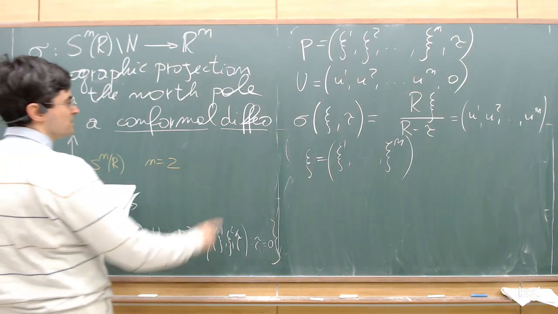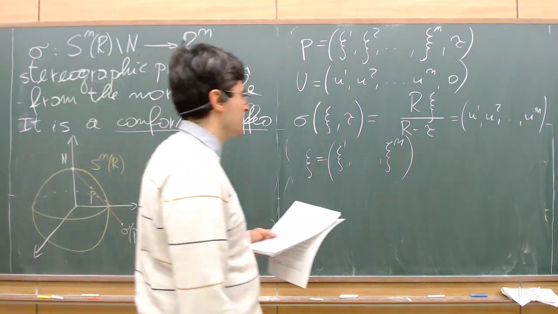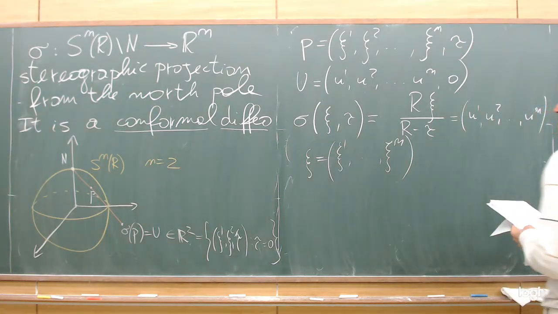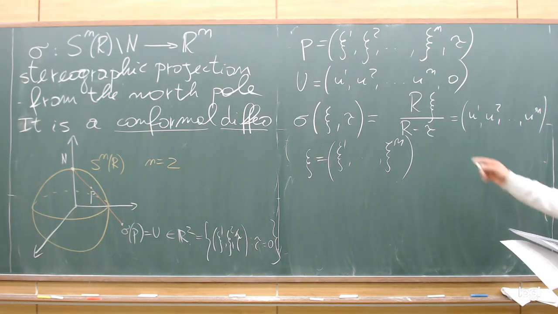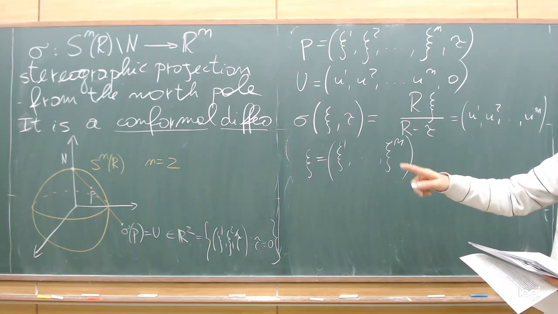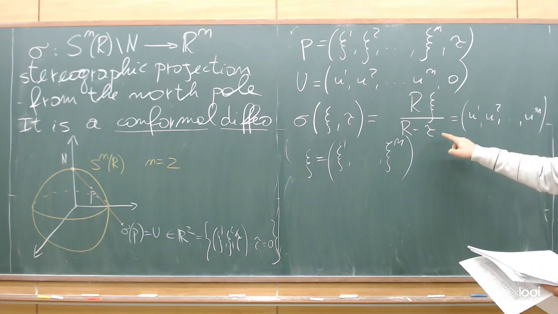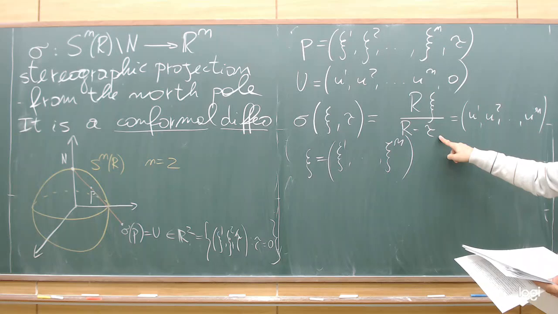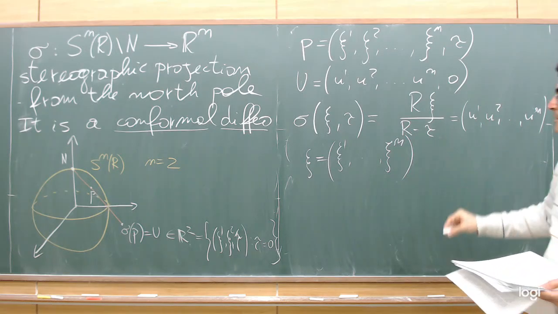How to prove it is a diffeomorphism? Let's observe this map. This is defined on the entire sphere minus the North Pole, so this is a smooth map. We have to find the inverse.